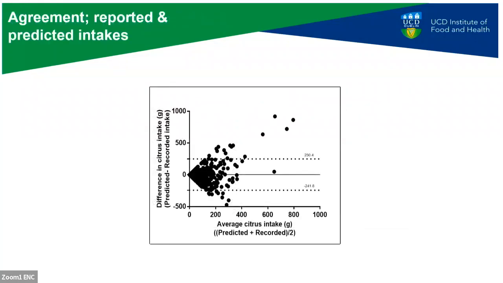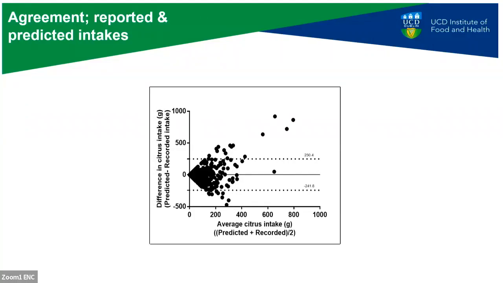What you can see here is that the mean difference between both groups was very small, but there are individuals where there was big disagreement, and you can see that up on the top right. And if you remember back, when I started off, I said that we have limitations with our self-reported data. So we would expect there not to be complete agreement between the two methods. And in fact, what's happening here is these individuals are underreporting their intake.